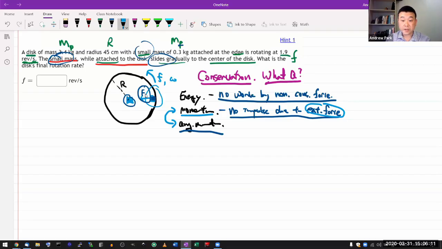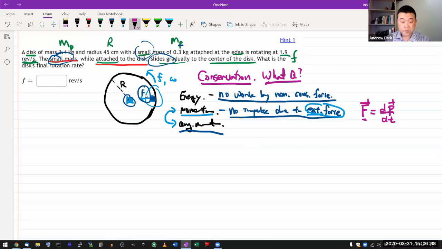So if you have an external force, that would change the momentum. In the context of linear motion, there was an intimate relationship between force and momentum: the rate of change of momentum gave you the net force.